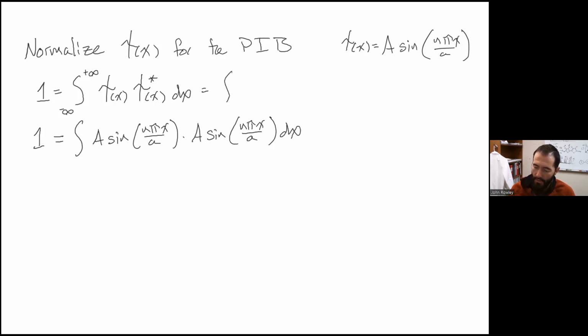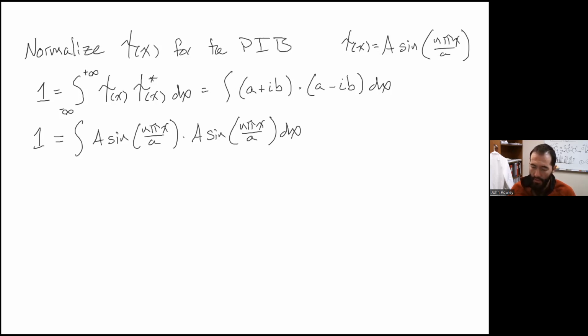If you were to rewrite this another way, you would maybe say that it is a plus ib times a minus ib dx, where we flip the sign of the imaginary component to make it the complex conjugate. This wave function doesn't have any imaginary component, so it just looks like the function squared. So that is set equal to 1.